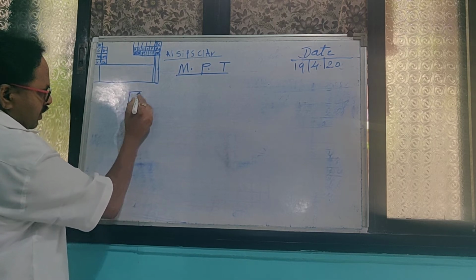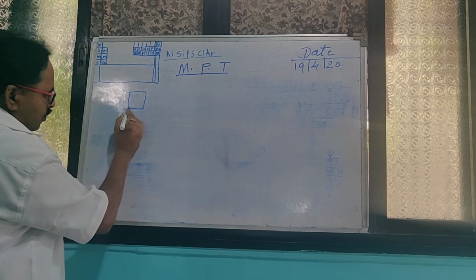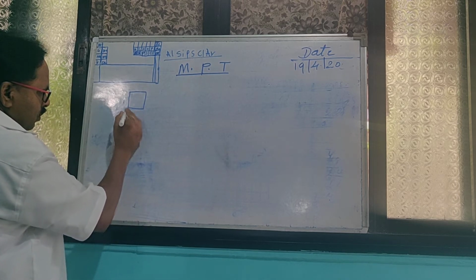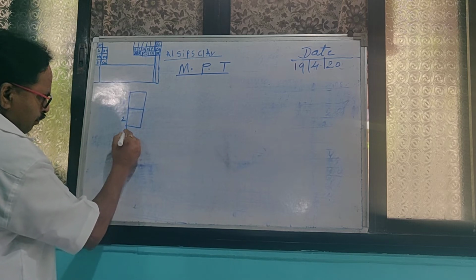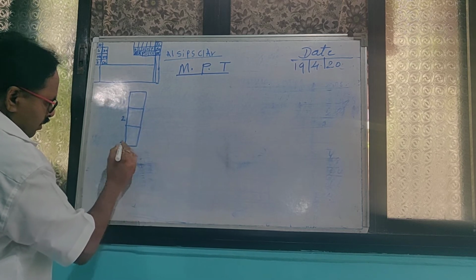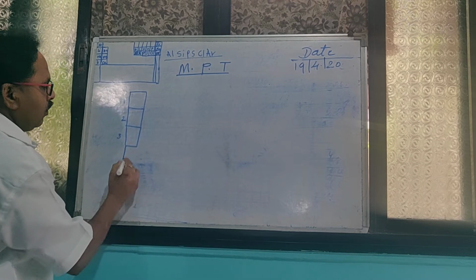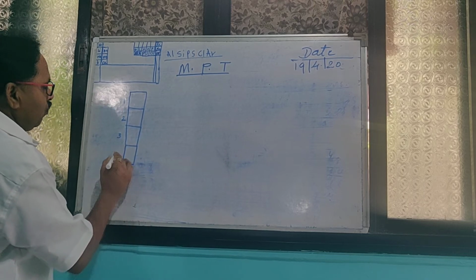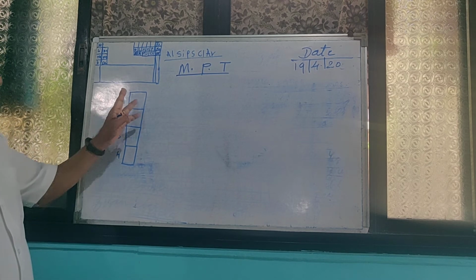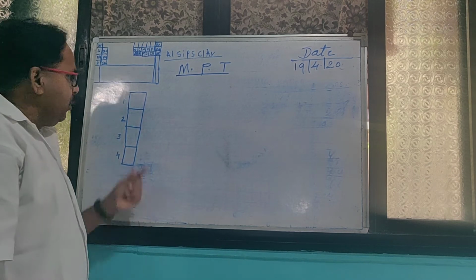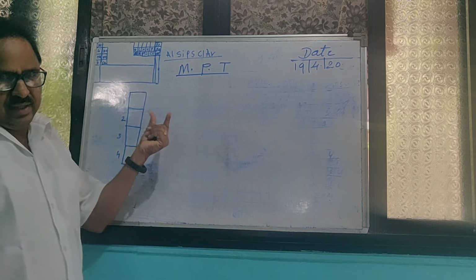that is 1, 2, 3, 4. Remember, everybody knows the first element.